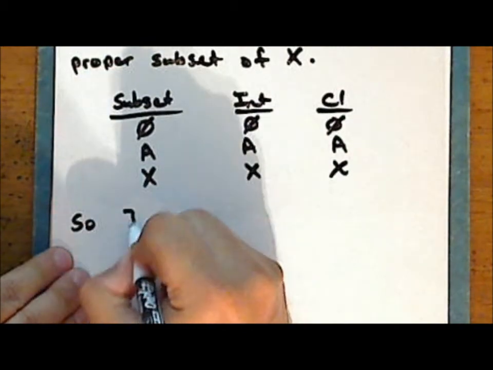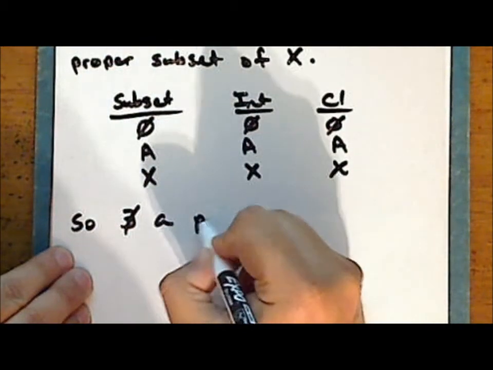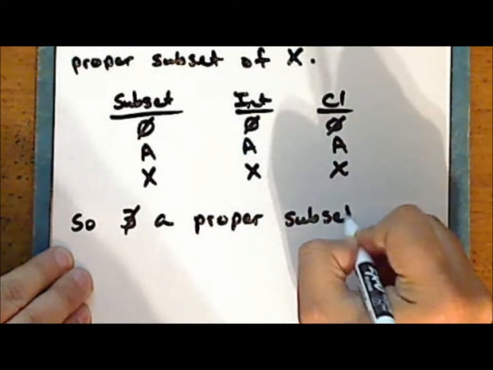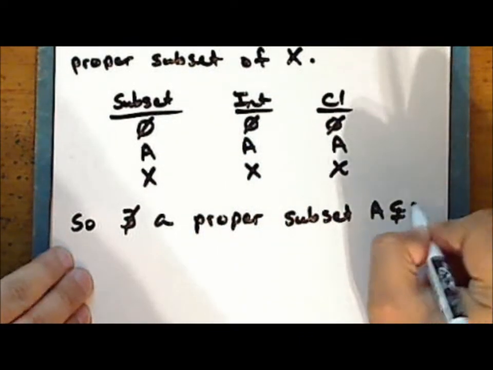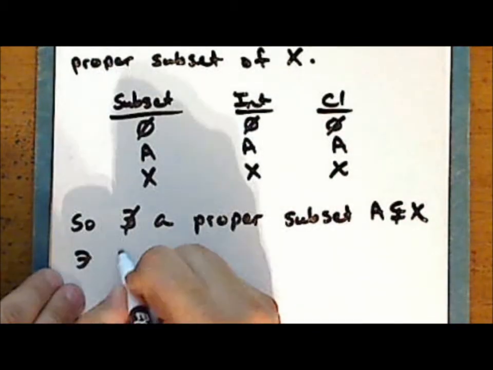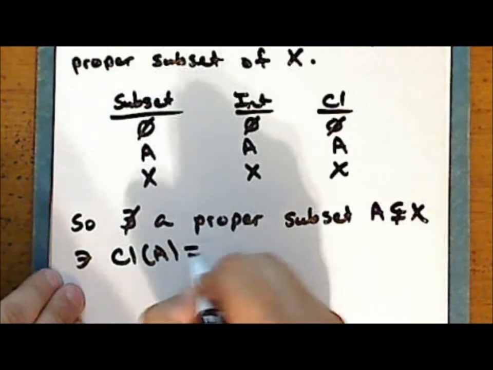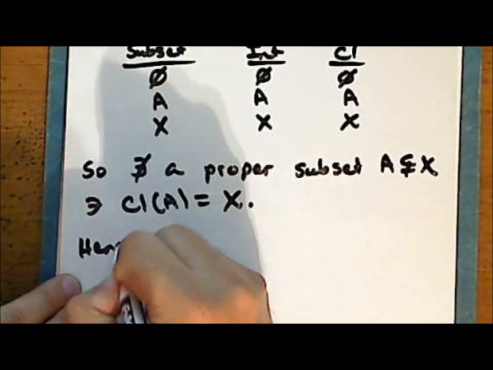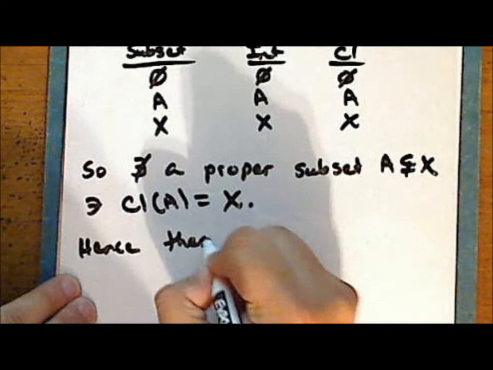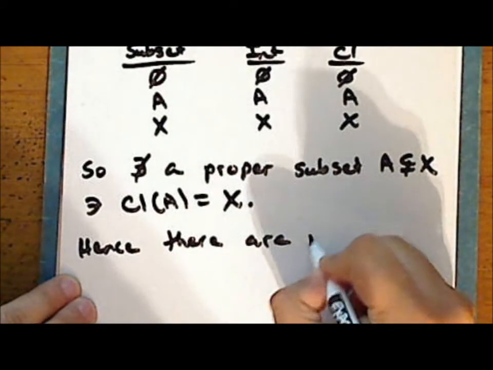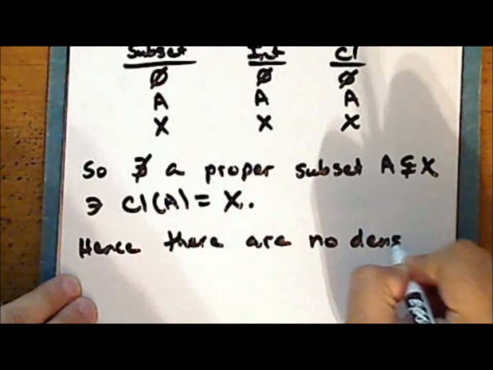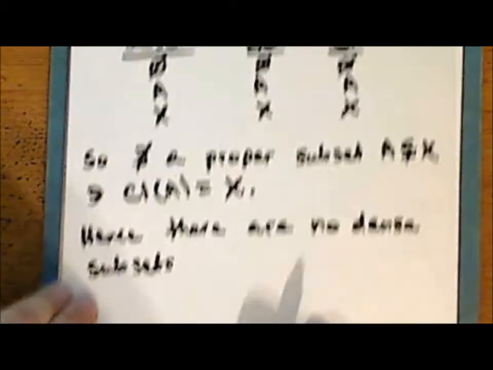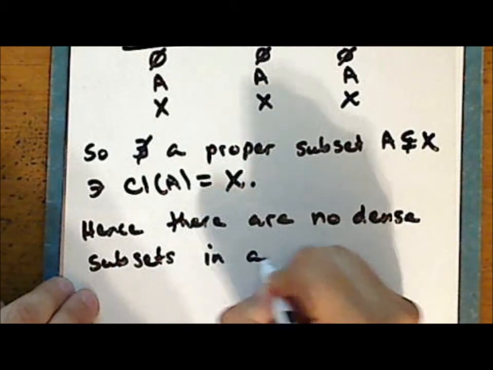And so there does not exist a proper subset A of the space X such that the closure of that set is the entire space, and hence there are no dense subsets in a discrete topological space.